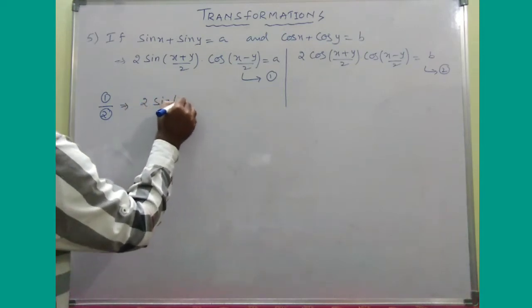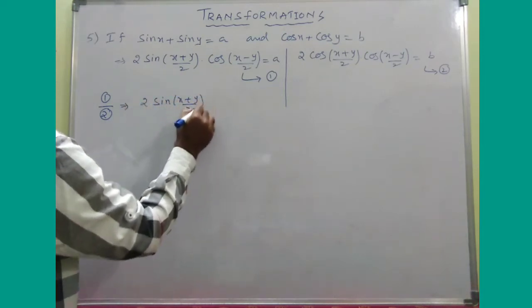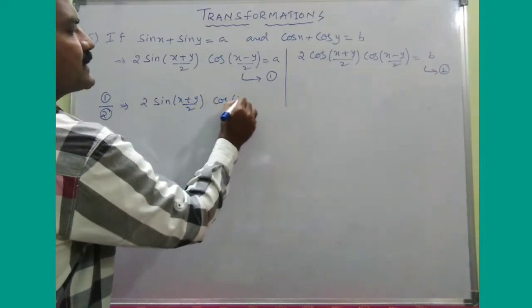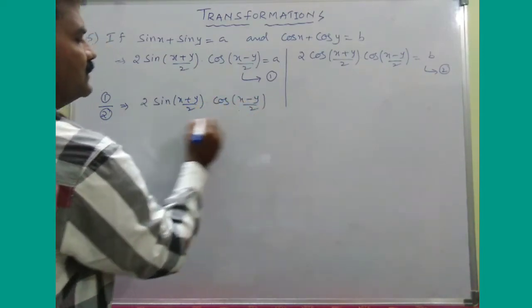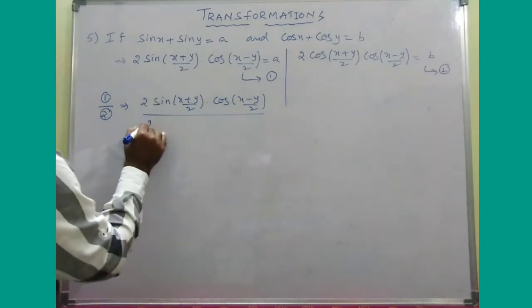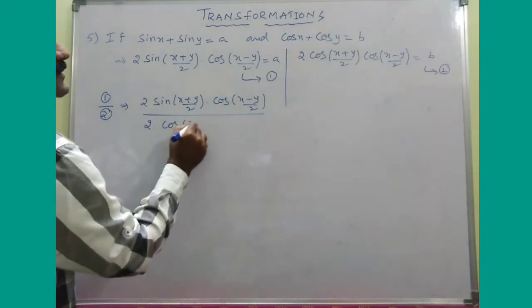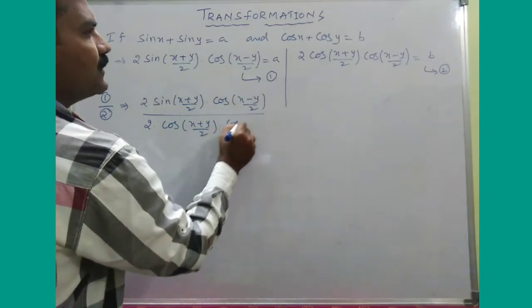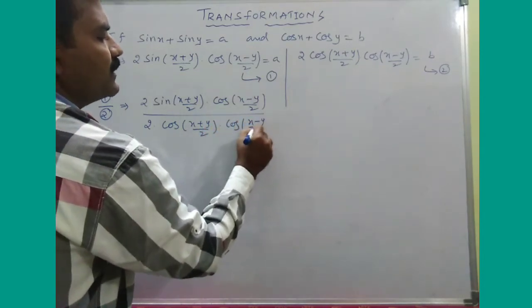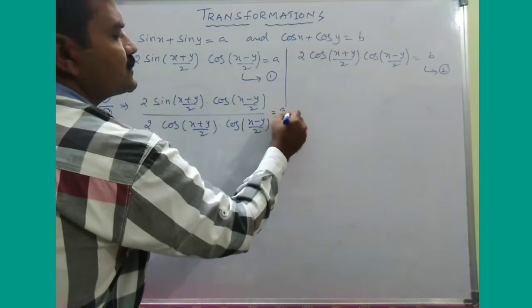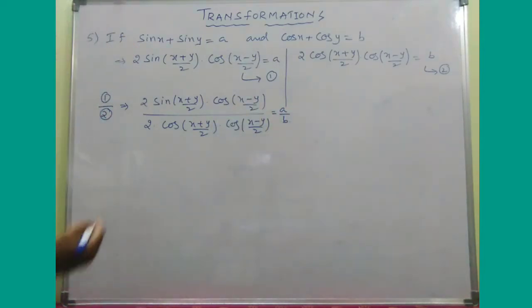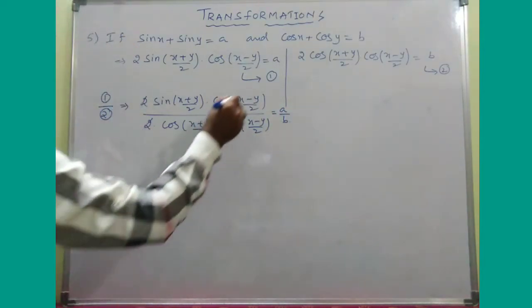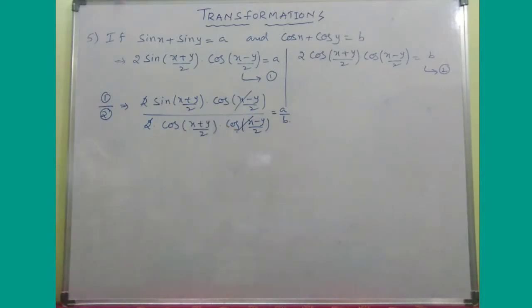See, 2 into sine of (x plus y) by 2 into cos of (x minus y) by 2, divided by 2 into cos of (x plus y) by 2 into cos of (x minus y) by 2, is equal to a by b. So 2 gets cancelled. Cos of (x minus y) by 2 is also getting cancelled.